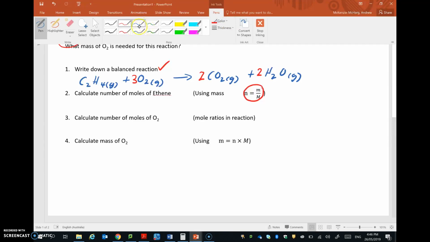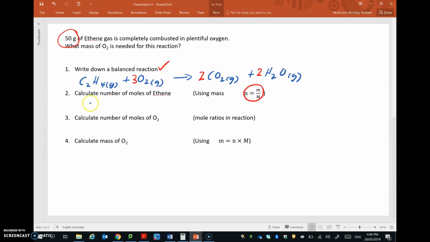Okay, so number of moles of ethene is equal to the mass we have, which is 50, divided by the molecular mass of ethene, which is, okay, we've got 2 lots of carbon at 12 each, and 4 lots of hydrogen at 1 each.